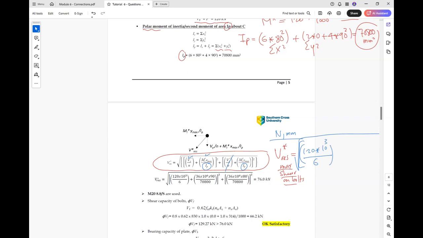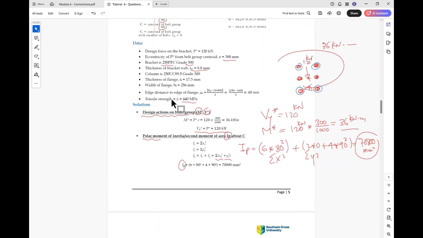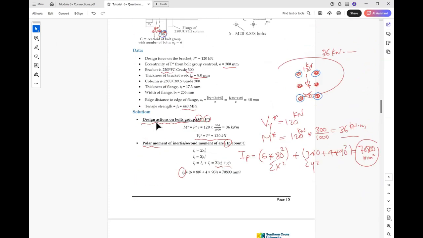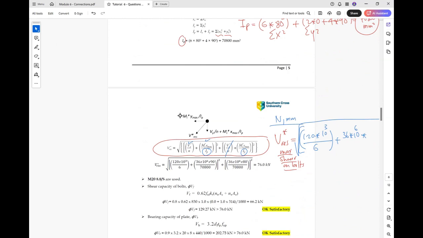So this is the first term, plus M is 36 times 10 to the power 6, to convert to Newton millimeter, times 90, which is x max. How much is x max? X max is 80, so there might be something wrong here. So this one should be 80. So times 80 over Ip.